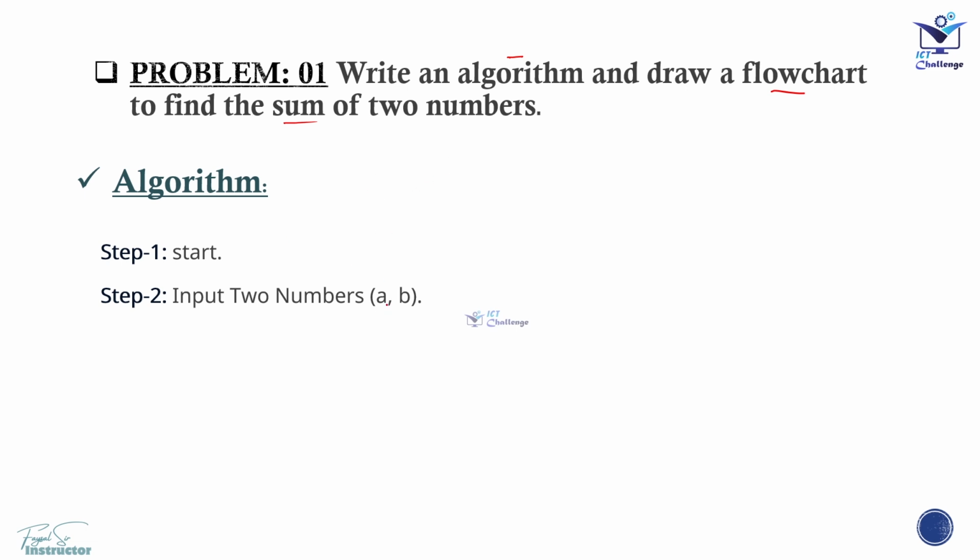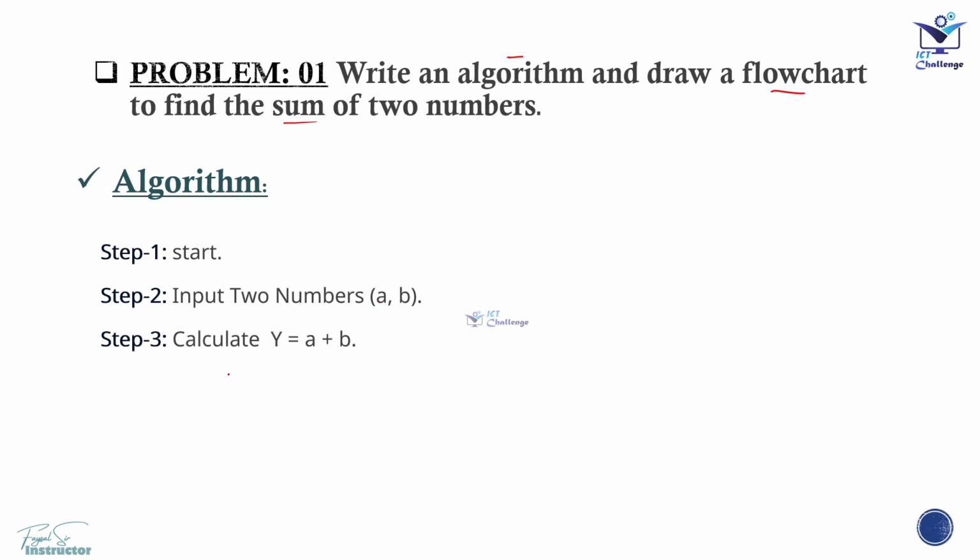Like if you want, you can give a equals 5, b equals 7, or a equals 10, b equals 10. So whatever I want. The input number can be anything, and it's very important that you must choose a variable to input your value.